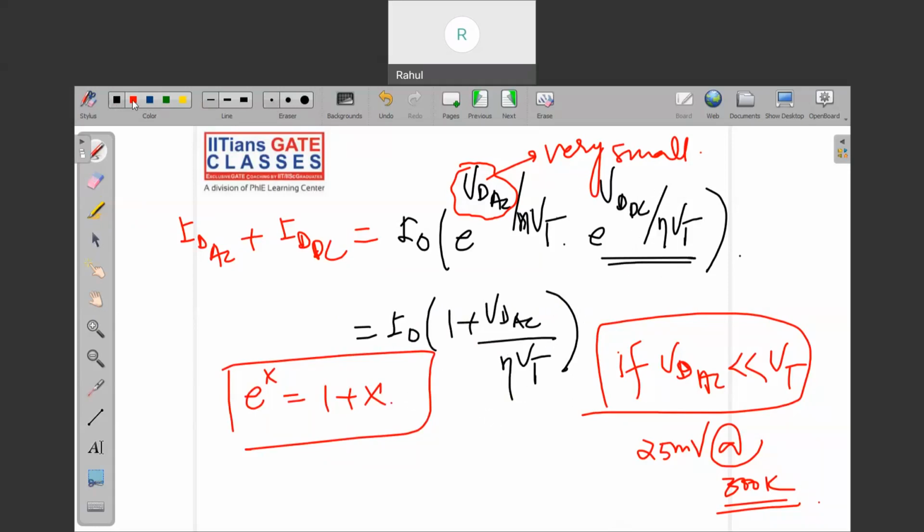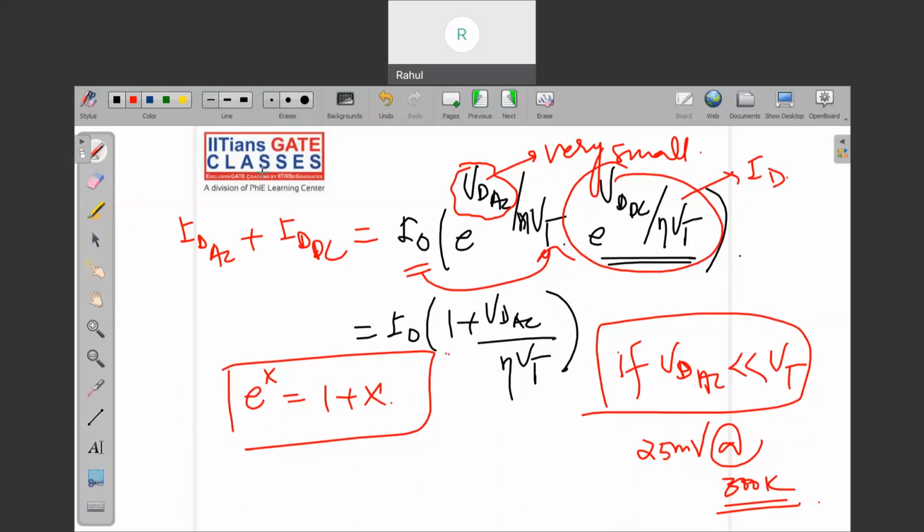This is basically ID, once you multiply this, so you can say that is ID only. We are neglecting the 1, so you can neglect this one as well, or else you can just keep this as it is.